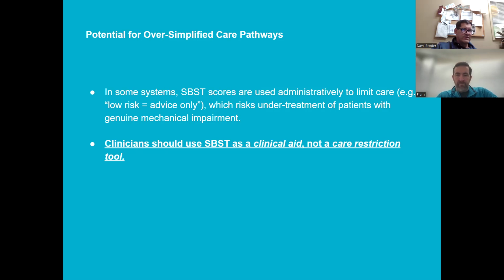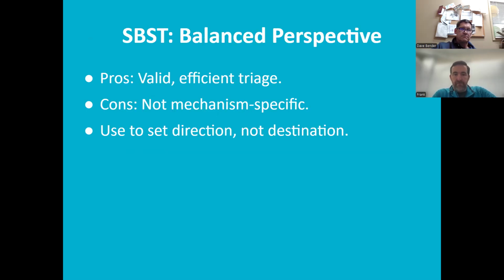So the low risk advice only one, again, I'm very apprehensive about doing that given the body of knowledge and quality of care that we provide. Some of the pros: we have a valid, efficient triaging for subcategorization. Cons: this is non mechanism specific. We have no idea what's causing the pain.